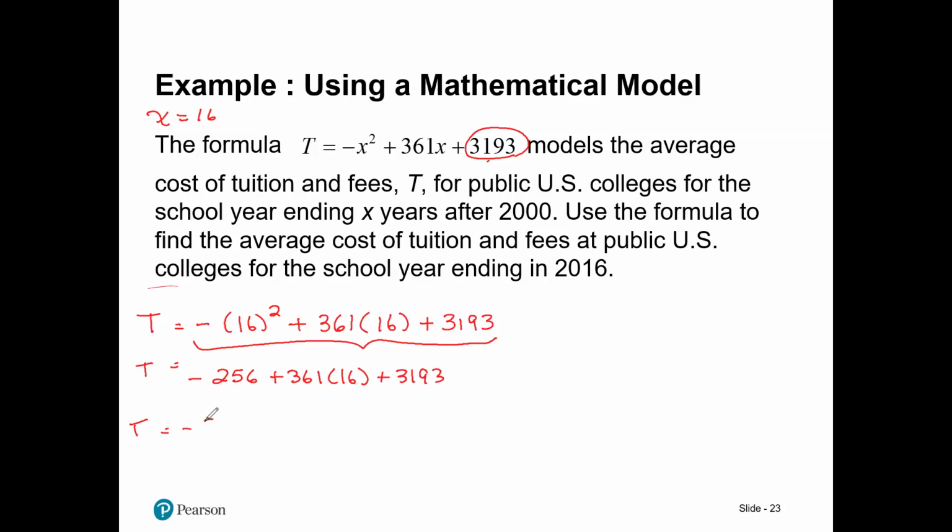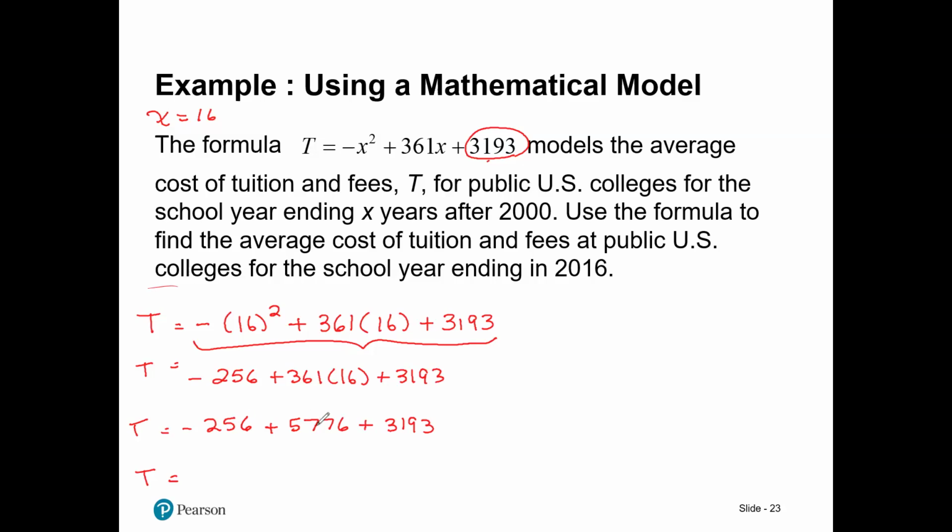All right, the next part is I have the multiplication. So 361 times 16 is 5,776, plus 3,193.